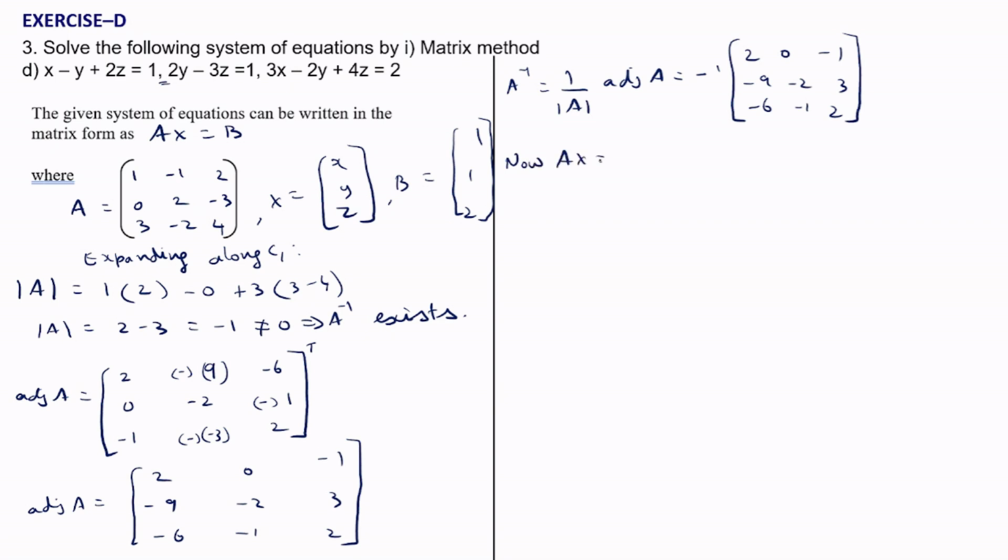Now Ax equal to B implies x equal to A inverse into B. So we have x as A inverse is minus of this matrix. So let us multiply with the negative sign. So minus 2, 0, 1, 9, 2, minus 3, 6, 1, minus 2, into B, which is 1, 1, 2.